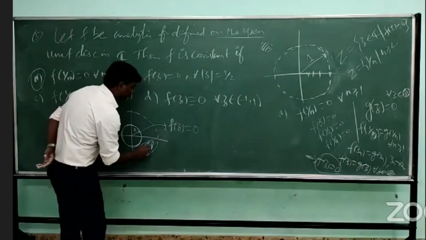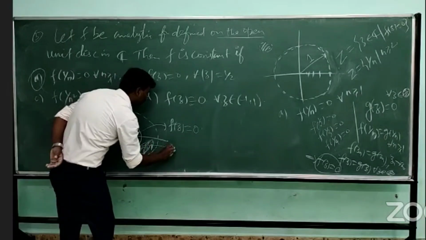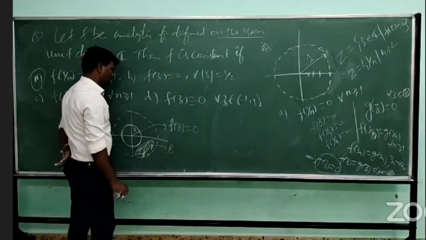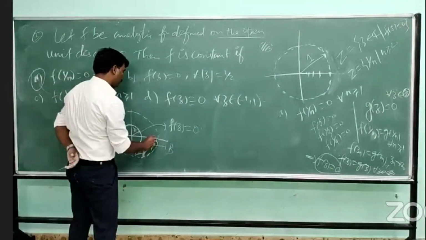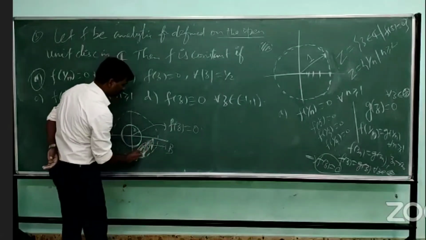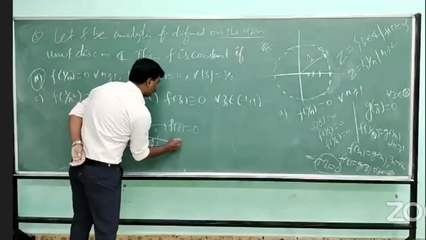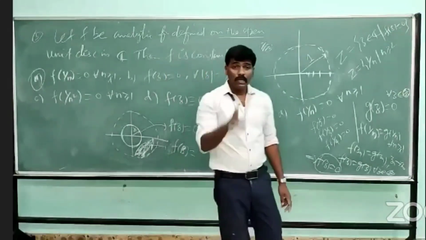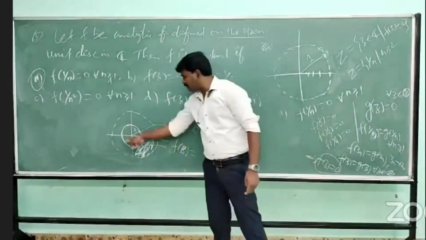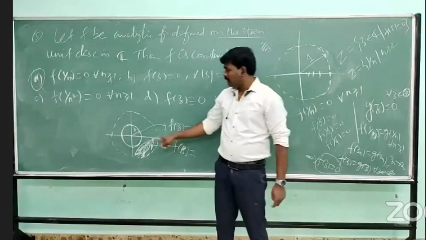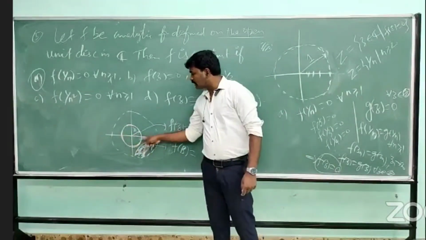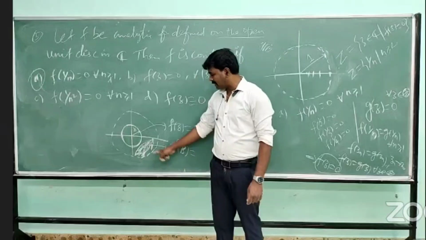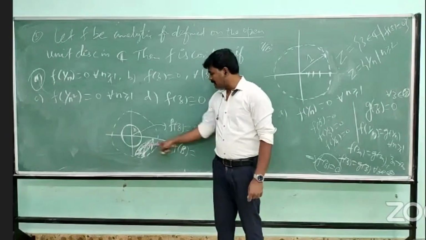This is some point B. Now what is your f of B? Come on. I know only that f vanishes on the circle. F takes zeros at every point on the circle itself. That's all. Now the question, what is your image of this?